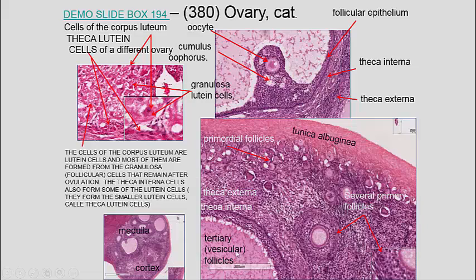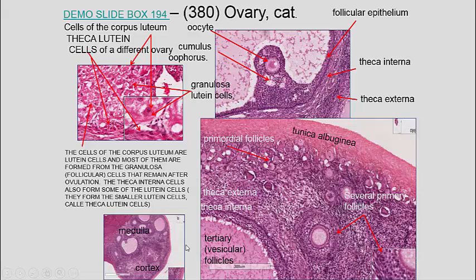If we see that in relation to the ovary, there would be germinal epithelium here, tunica albuginea there. These are primordial follicles in through here with flattened nuclei. These are several primary follicles, and then these are secondary or tertiary follicles. One that's going to be just about to be ovulated, and those are the ones we're seeing right here.